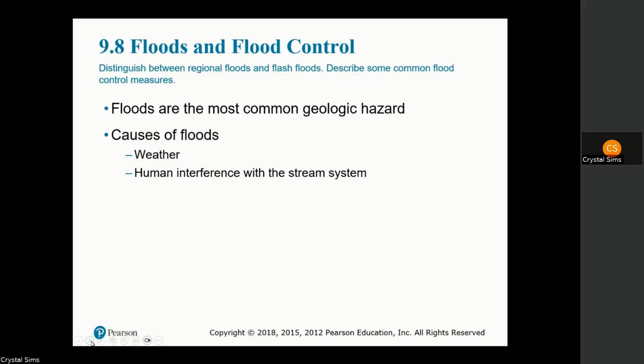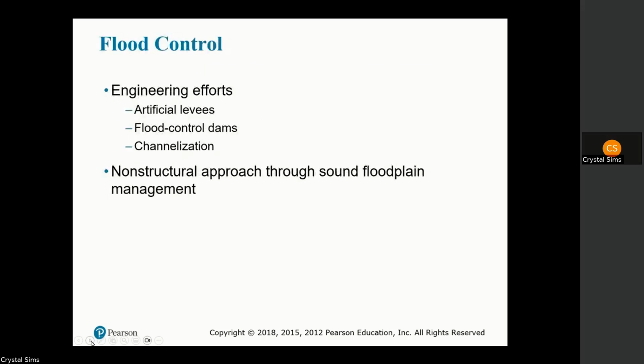We also, as humans, interfere with the stream system. We can build dams, we can build levees, and when those collapse, and we're kind of seeing a little bit of that in western North Carolina as well, all of that water that was being held back now rushes into an area. So how do we help control floods?